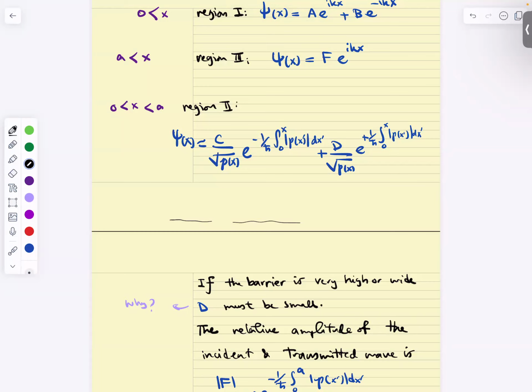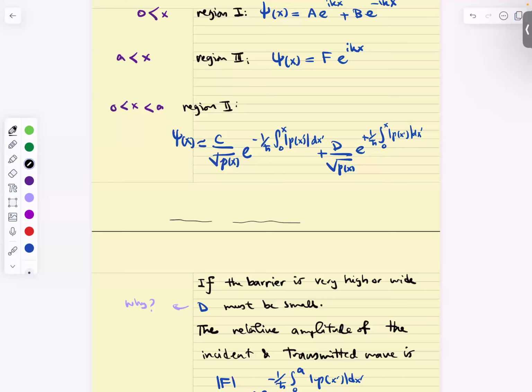Here, there's a wave that's coming. Sorry, I'm plotting the exponent. So what is the wave function? The wave function is proportional to e to the power of i phi of x.